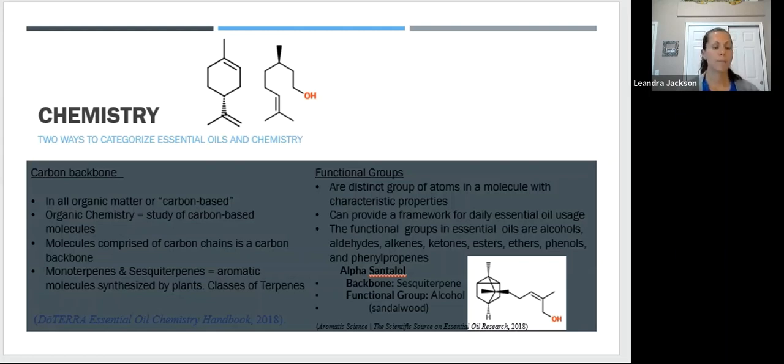Oils that are high in the monoterpene alcohols, the functional group of alcohols, are melaleuca or tea tree, geranium, coriander, basil, and lavender. And the oils high in sesquiterpene alcohols are sandalwood, vetiver, cedarwood, and patchouli.